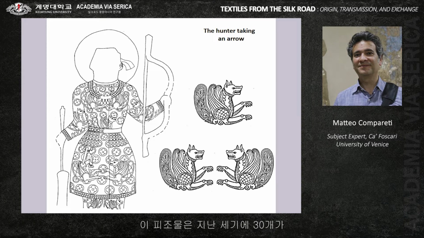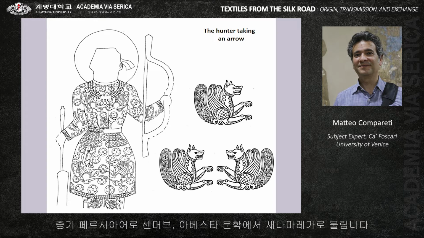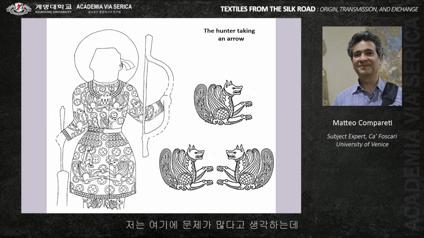So this creature has been identified in the 30s of the last century by a Russian scholar called Camilla Trever as a representation of Simurg or Senmurv in Middle Persian, Saena Marega in Western literature, which is a very problematic identification in my opinion, because in these written sources, the Simurg, Senmurv, Saena Marega is always the same according to different periods, but still a creature which is rooted in Persian, Iranian mythology.